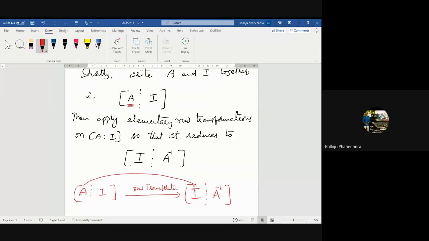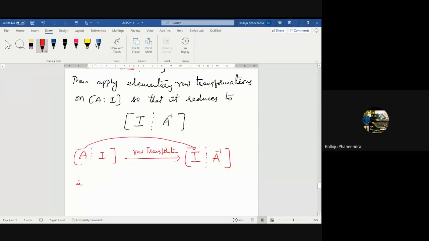Reduce this matrix A to I. Simple logic: reduce matrix A to I in A I, then I reduces to A inverse. This is the Gauss-Jordan method. Or in an examination, if Gauss-Jordan is not mentioned, find the inverse of the matrix using elementary row transformations.